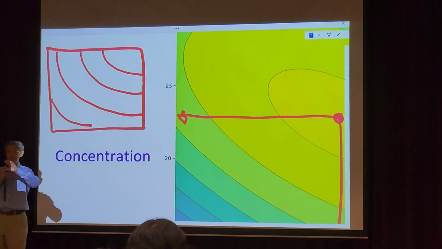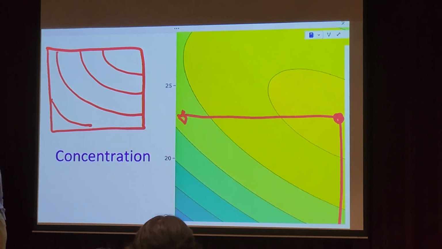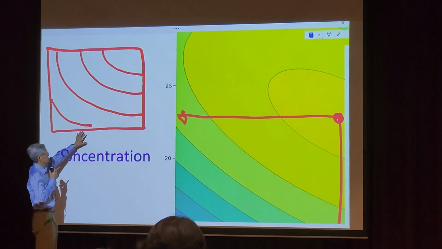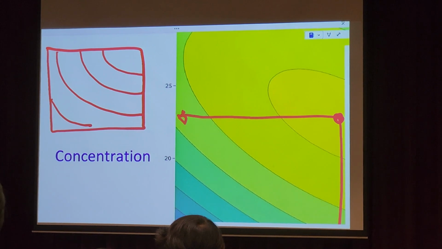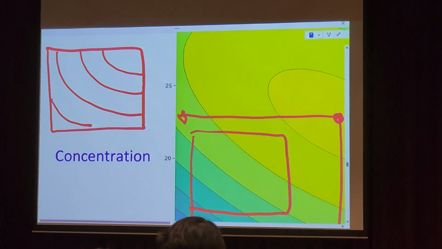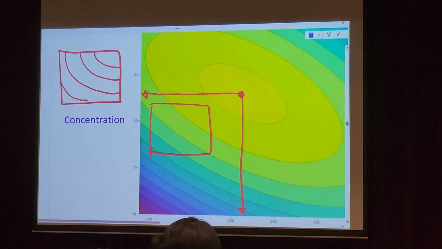Suppose you are setting up a chemical process for the first time. You got a contour plot of this. Well, what that means is your setting is maybe here. So what you see is this.